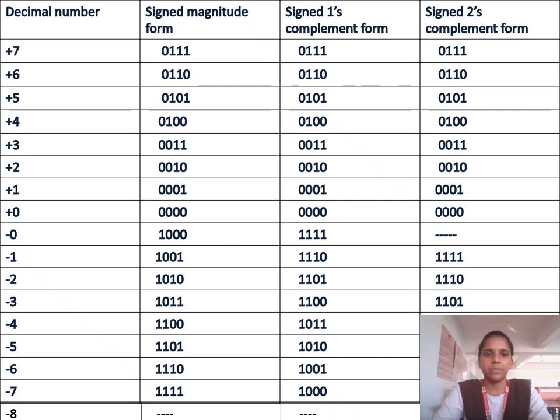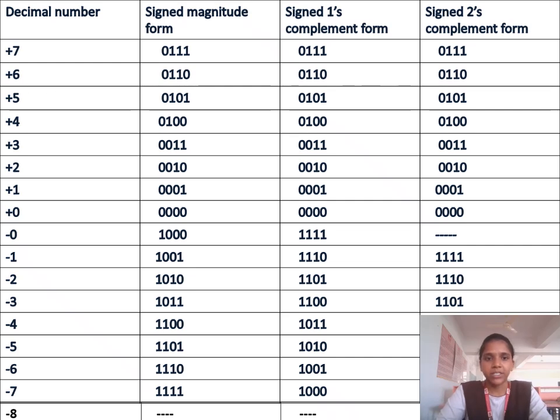These are the representations for plus 7, 0111. It is the same for sign magnitude form, signed 1's complement form and signed 2's complement form up to plus 0. From minus 0, the values change for the three complement forms.